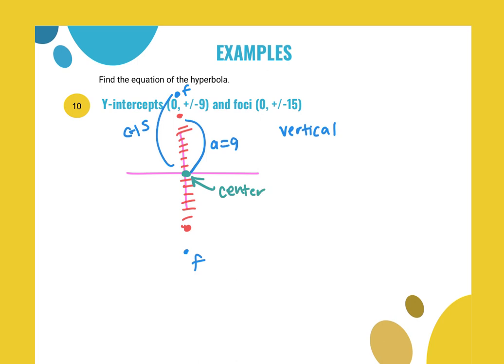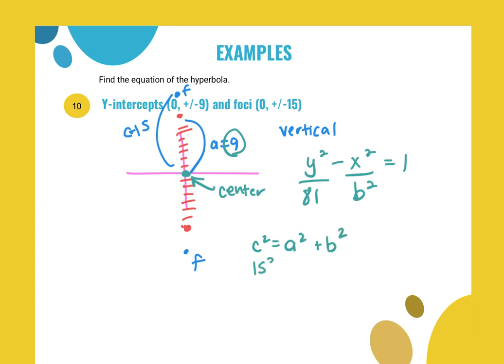So it's vertical, which means y squared minus x squared equals 1. The a would be my 9 and 9 squared is 81, and b is what's missing. So same as the last one, c squared would equal a squared plus b squared. 15 squared would equal 9 squared plus b squared. 225 would equal 81 plus b squared.